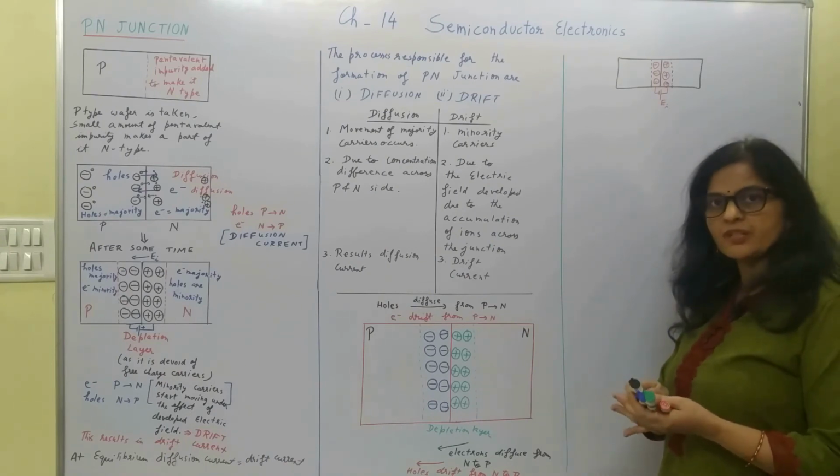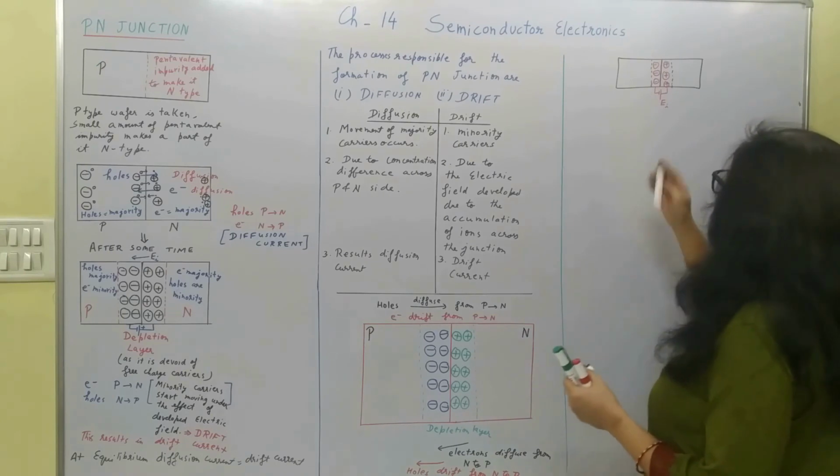So that's why this potential difference developed is called as potential barrier.